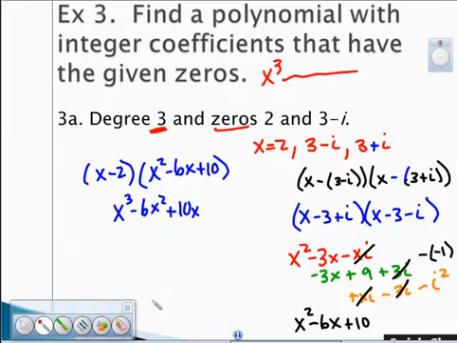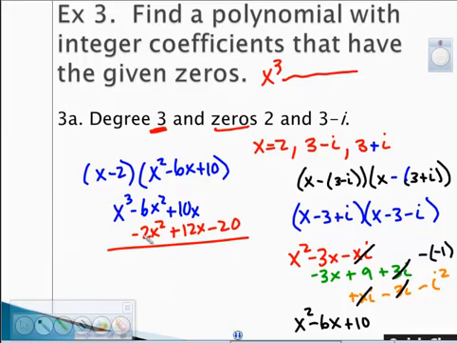And then if I was to do the negative 2 times everything, that's going to be minus 2x squared, and then positive 12x, and then that'll be negative 20. So I'm just going to combine everything, and then I got my polynomial. So x cubed minus 8x squared plus 22x minus 20. Whew.